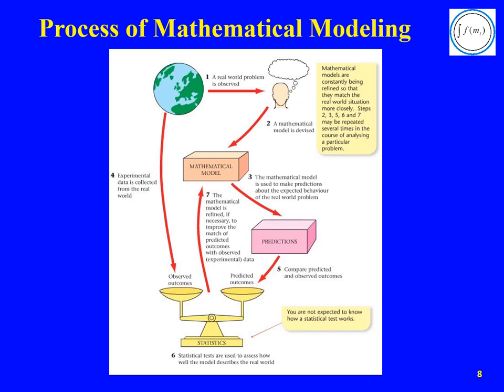If the observed outcomes and predicted outcomes are closer to each other, in other words, the difference is less, the error is less, that model is suitable to forecast, or suitable to address the real world problem. If not, you have to go back and improve the model, or you have to change the track and select another model for this purpose.